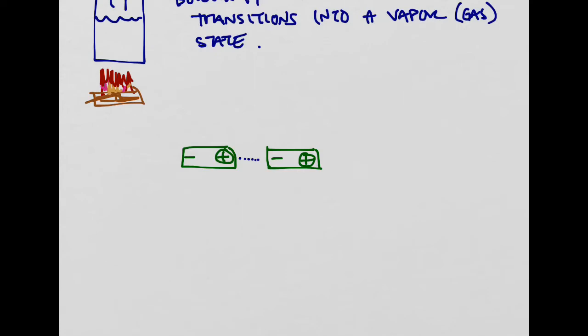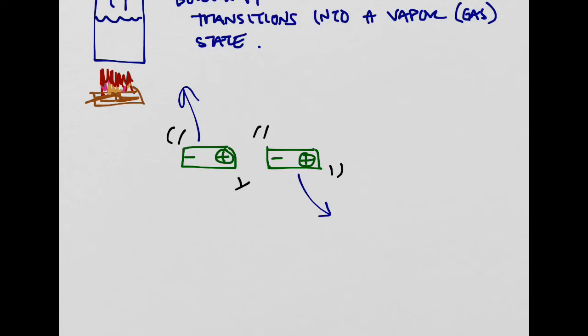Now, if I were to add heat, it would cause these guys to move a little bit more, right? And it could be that they don't even just move in place, but they actually start to want to move away from each other because they gain so much kinetic energy. That point where those dotted lines are snapped, where they break off, is when those two molecules have gained enough kinetic energy to be able to overcome that bond.